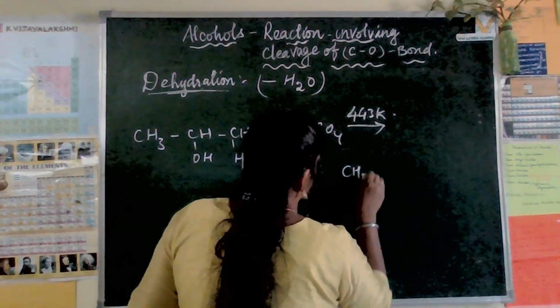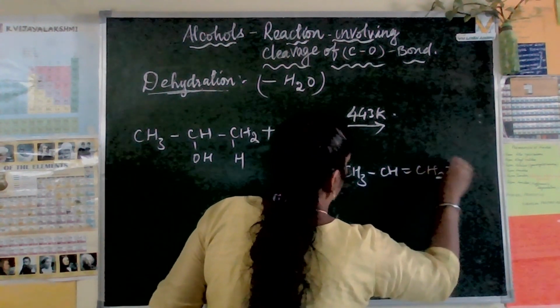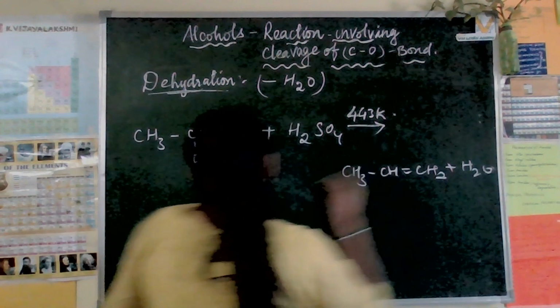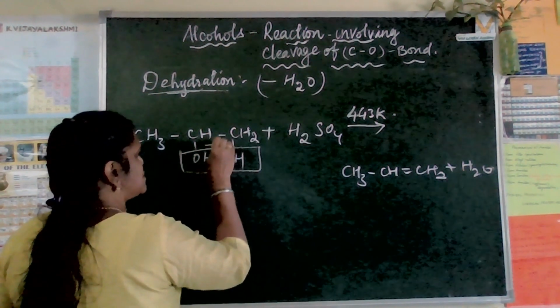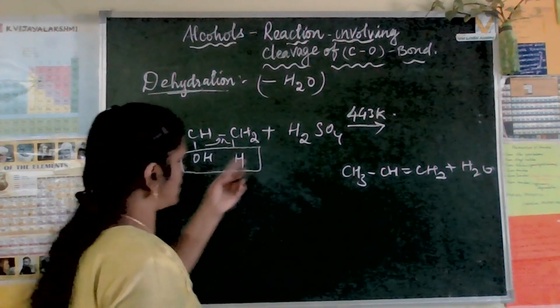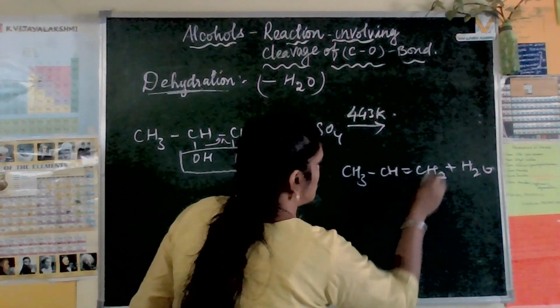So CH3CH=CH2 plus H2O. Here you will get water, and at this point you get the double bond. So CH3CH=CH2.